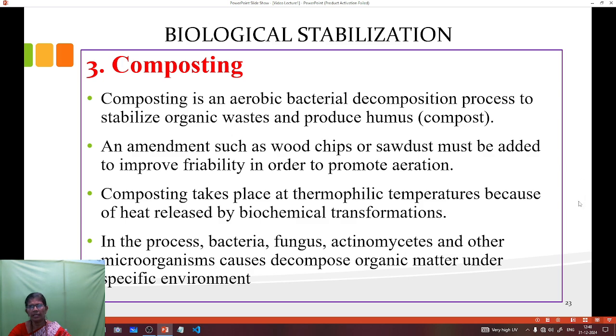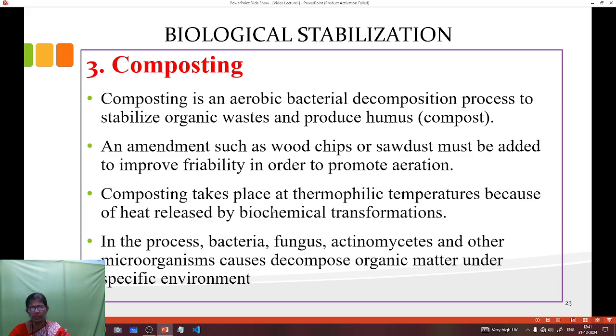So the next biological stabilization is composting. This is an aerobic method in which decomposition takes place and the sludge is stabilized into a final product called humus. That product is called compost, which we can use as fertilizer for crops. We can also add some amendments, such as wood chips or sawdust, to promote aeration.